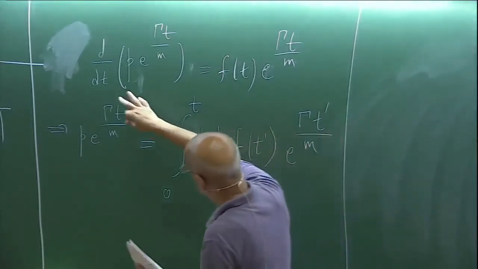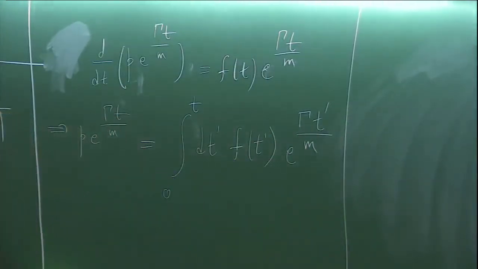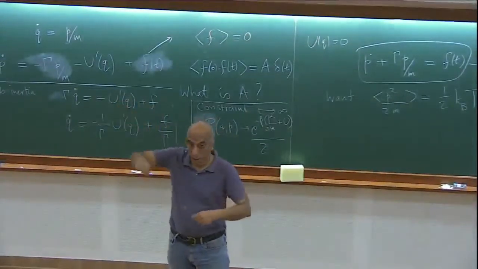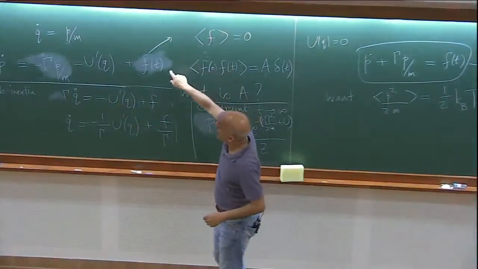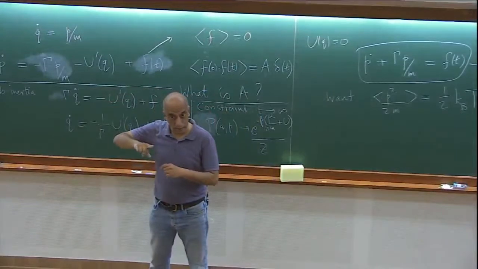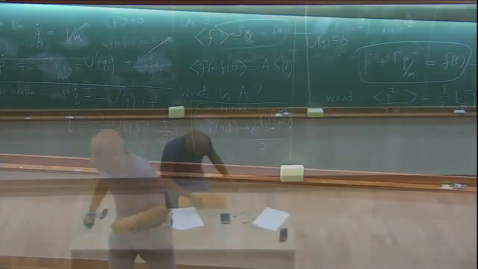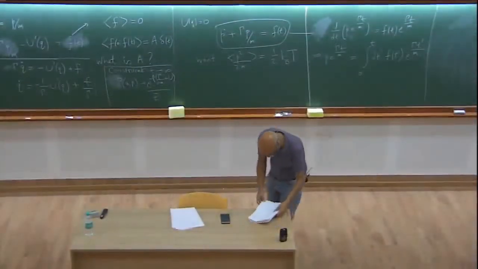So the reason we're doing this is, remember I said f is a random function. What do I mean by random function? It means that I reach into my bag and pull out a curve f. I plug that in here. I solve this equation of motion for that curve. Looks like I've started with 0, haven't I?